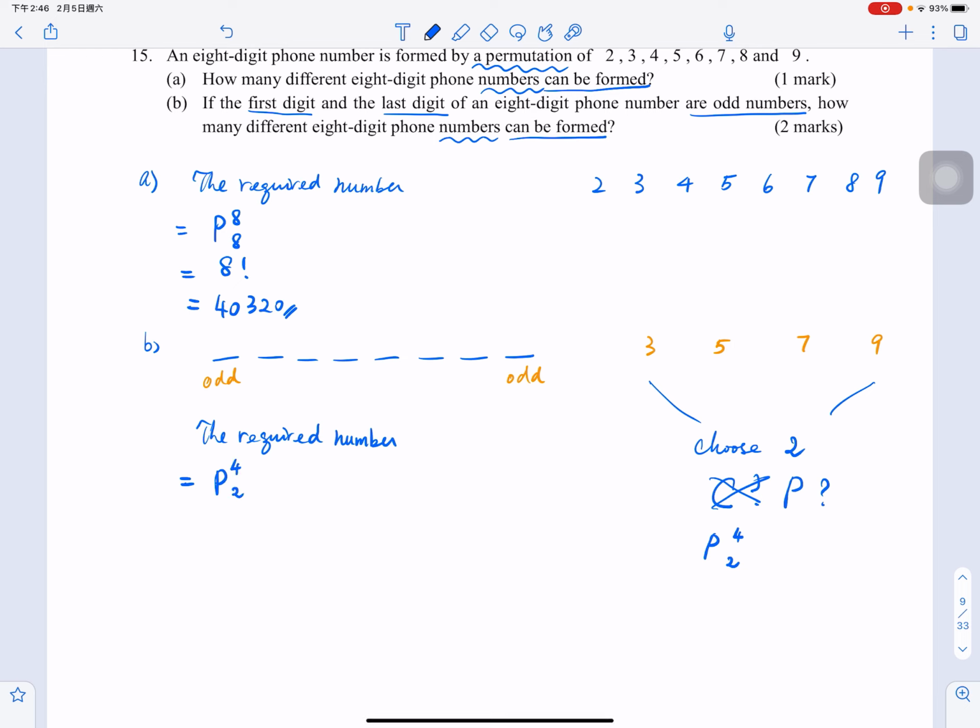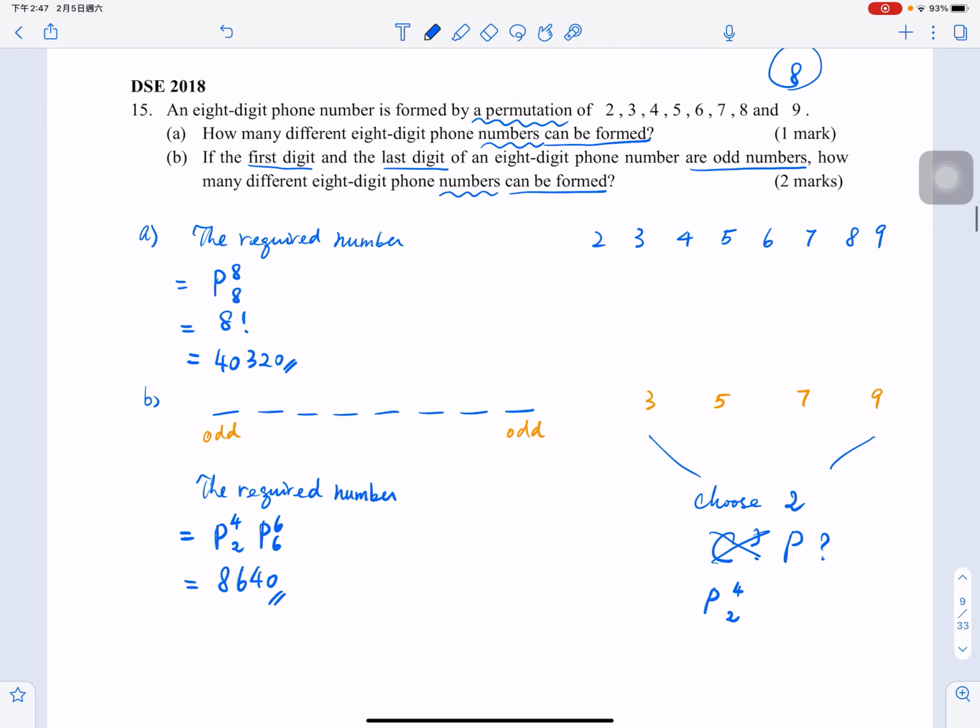And what's next? You still have 6 numbers, so you need to choose all of them: 6P6. Maybe you left 5 and 7, then 5, 7 with all the even numbers, put them in here. Maybe you left 3 and 9, then 3, 9 with all the even numbers, put them here. So 6P6. As a result, this is 8,640. Clear? Okay, that's great.